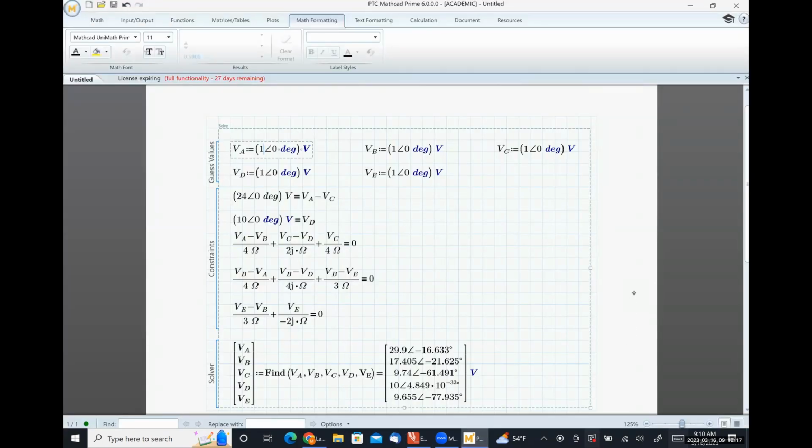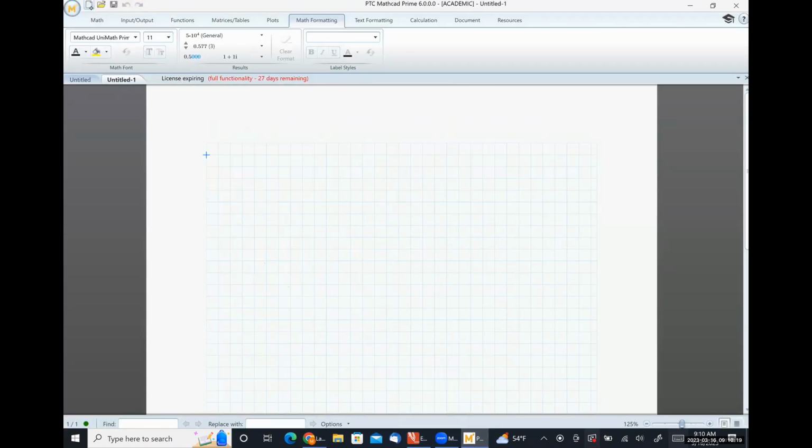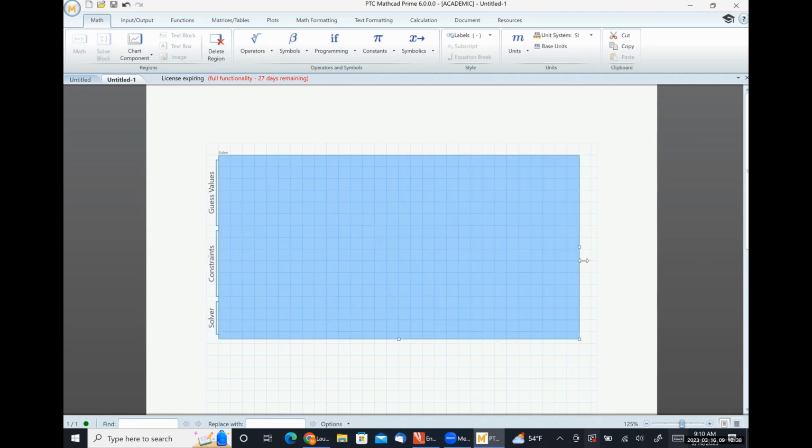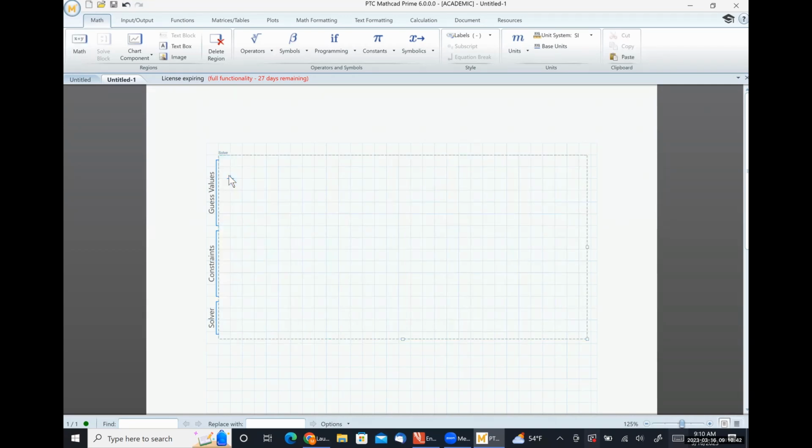So I'm just going to go to a new thing here. Start this process, right? So I'm going to come down here and put a new solve block in. This time my guess values are going to be for currents. So I'm going to have 1 angle 0 degrees amps.